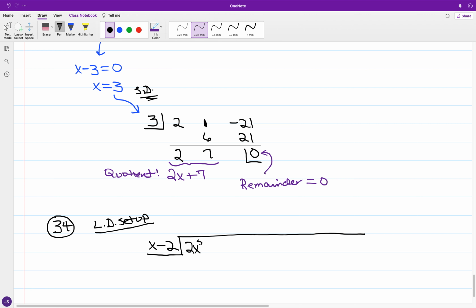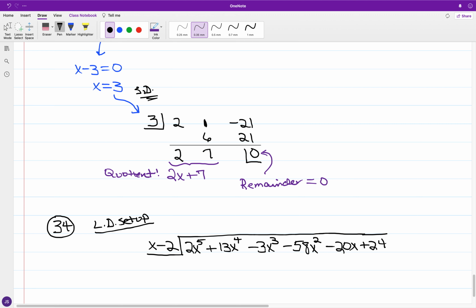So you have 2x to the 5th plus 13x to the 4th, and we have minus 3x cubed, minus 58x squared, minus 20x plus 24. So notice we have a 5th order polynomial, and there are no missing degree terms.